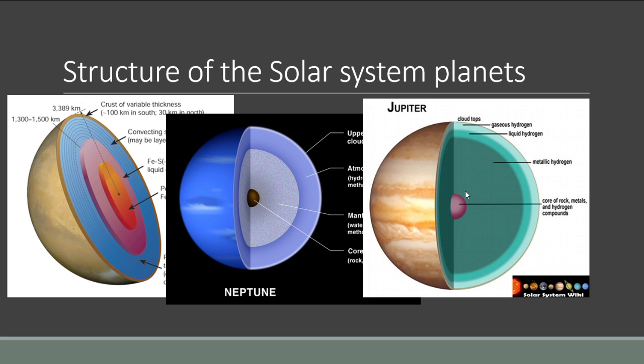And a very, very thick and heavy atmosphere. It's the main body of the planet. You can't call it just an atmosphere. It's made mostly of hydrogen and helium. Hydrogen is in a very funny physical state. It's called metallic hydrogen.